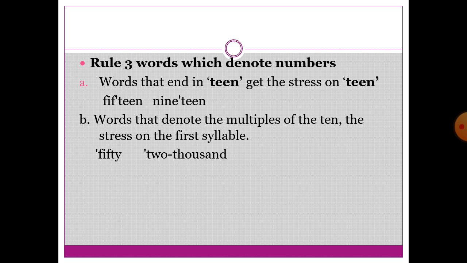Whenever they come, they will be multiples of 10, for example 190. So from 20 to 90, they are multiples of 10, and whenever such words appear, the stress will be on the first part.